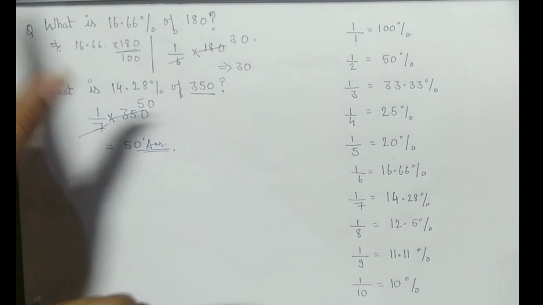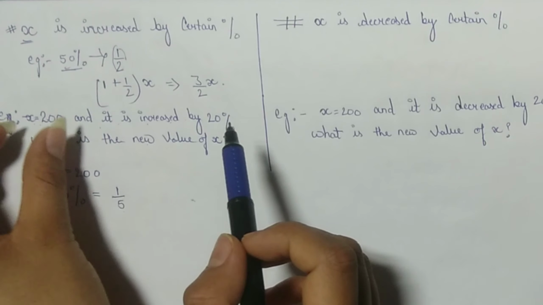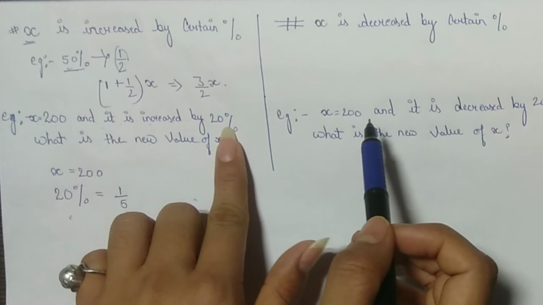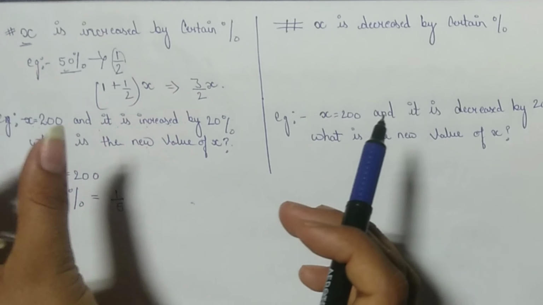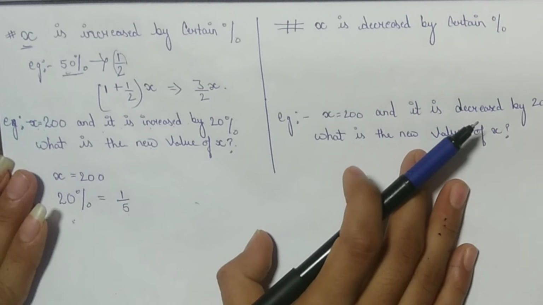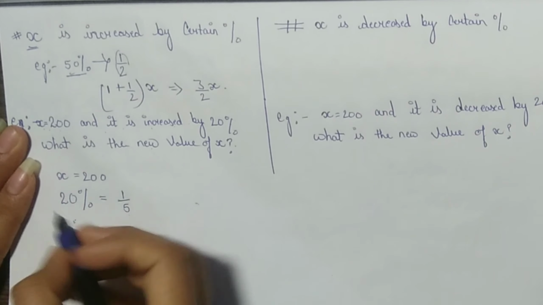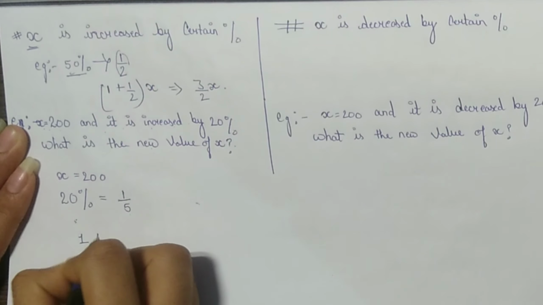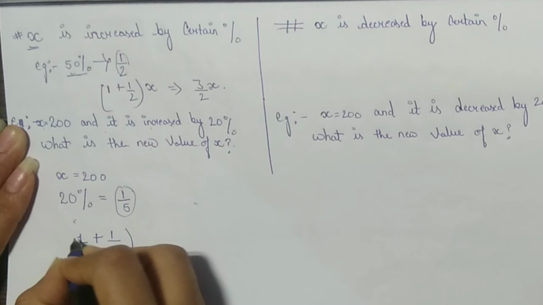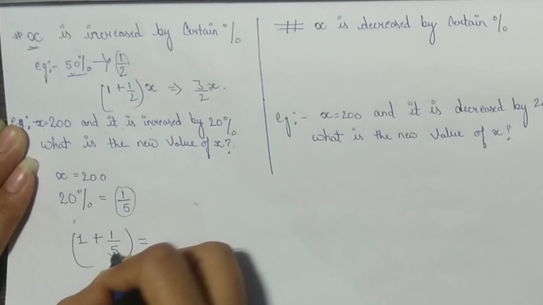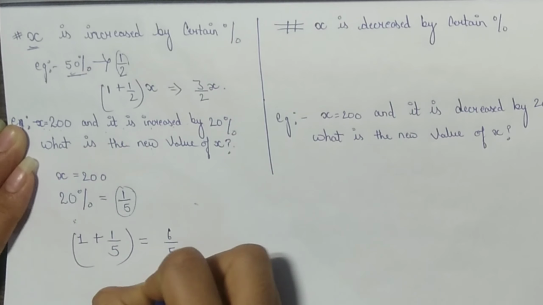So X is equal to 200 and it is increased by 20%. When it is increased, what is the new value of X? We need to find this. What we need to do is just write 1 here and add this fraction part to it. So what do we get? 6 by 5.